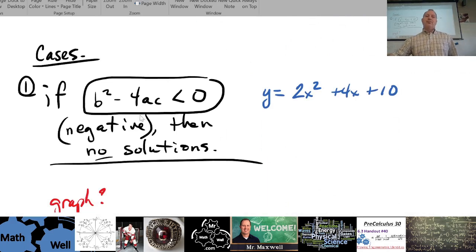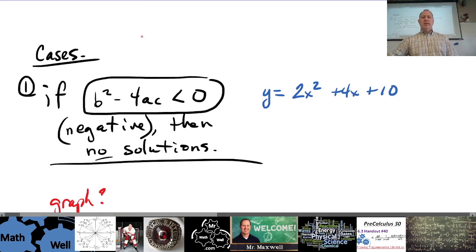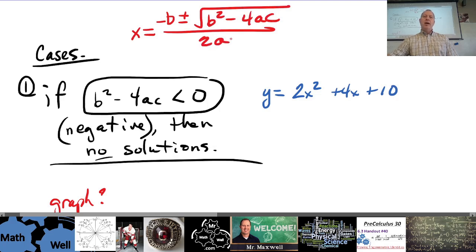Okay, so in the quadratic formula, x equals negative b plus or minus root b squared minus 4ac all over 2a. Now, this part right here will tell us a lot about the roots of the equation or the x-intercepts of the parabola.